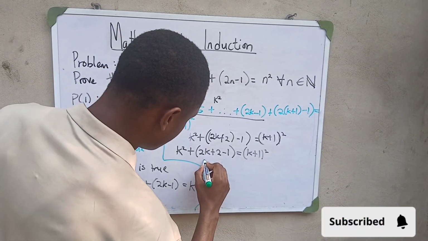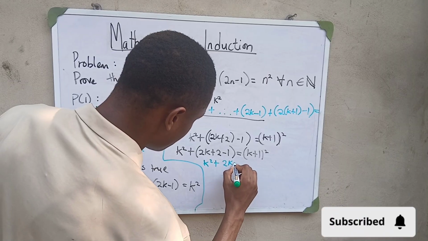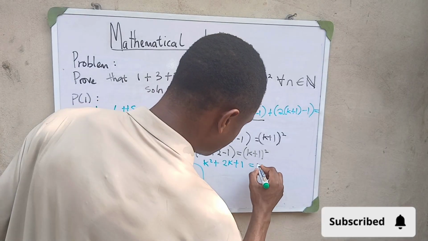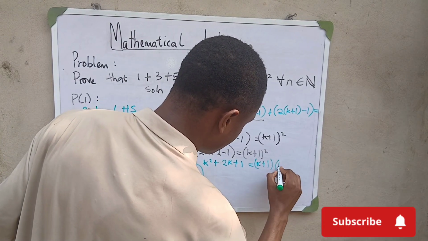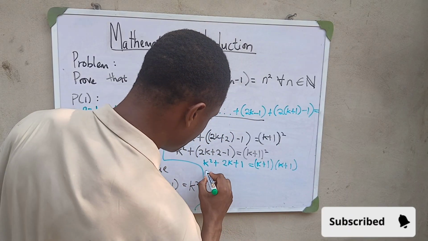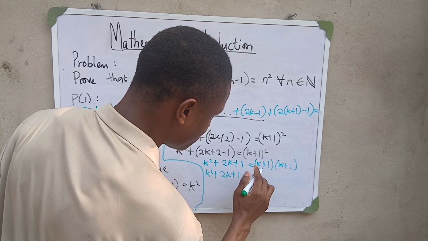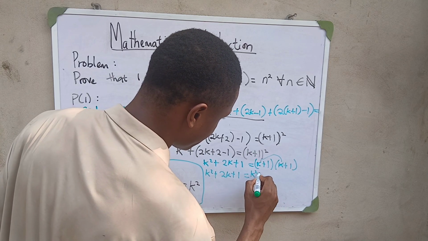So that is k square plus 2k plus 1 is equal to, expanding this, k plus 1 times k plus 1. So we have k square plus 2k plus 1 is equal to, expanding this, we'll multiply this and this, which is k square.